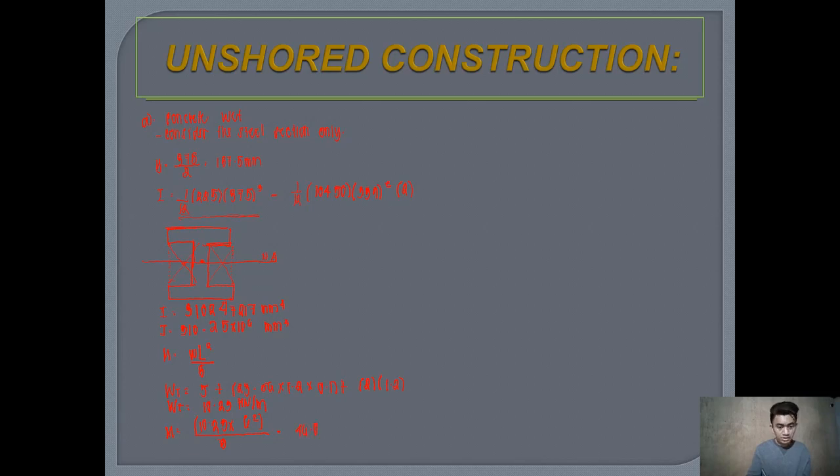Let us check: 10.23 times 6 squared divided by 8, that is supposed to be 46.04 kilonewton meter.